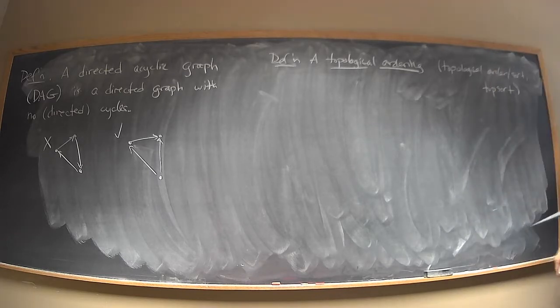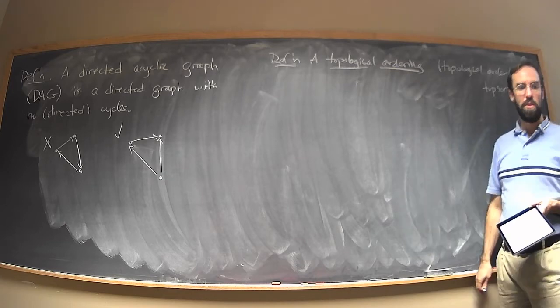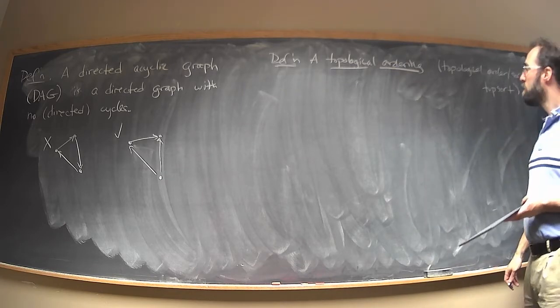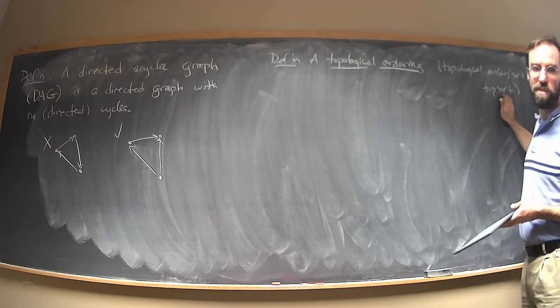Right, so the most correct name, I suppose, would be a topological ordering. But usually, if you're talking about this with someone else, like another computer scientist, they'll just say topsort, for sure.